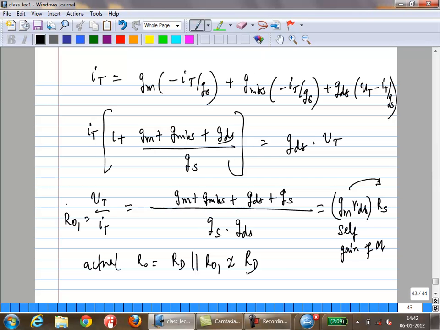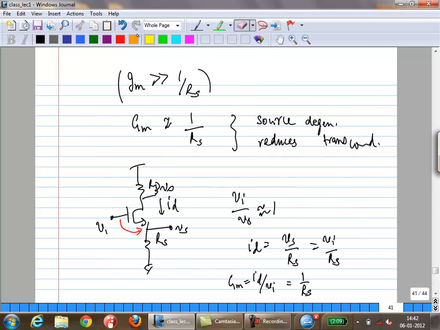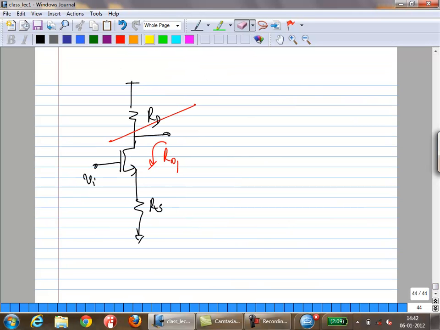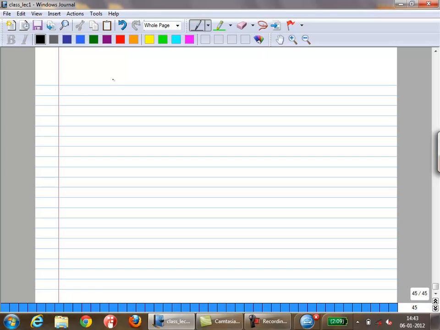Okay. But what we are going to use is, let's go to this diagram. It's a little bit better. We are going to use this portion of the circuit. RD was just a representative load resistor. We are going to use the bottom portion of the circuit to create what is called a cascode.